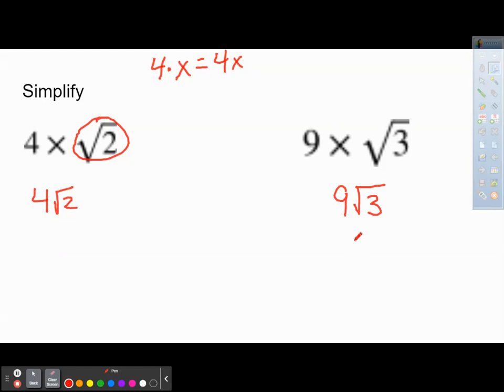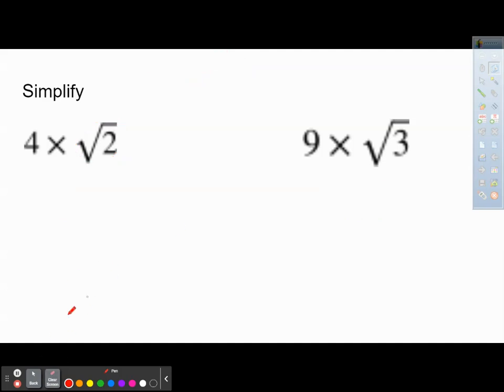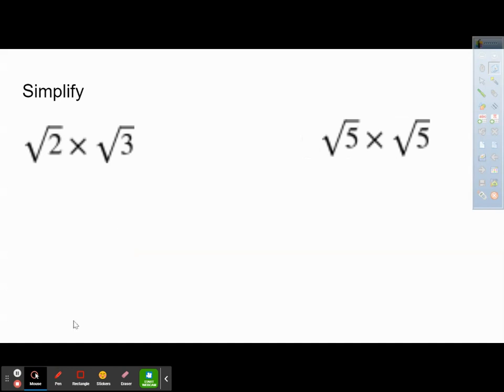So you're going to treat a radical like it's a variable until you get to working with more than just one radical. For instance, let's say you had the square root of 2 times the square root of 3. Since both of these are underneath the radical symbol, I can multiply 2 times 3. So 2 times 3 is 6, so I get the square root of 6.